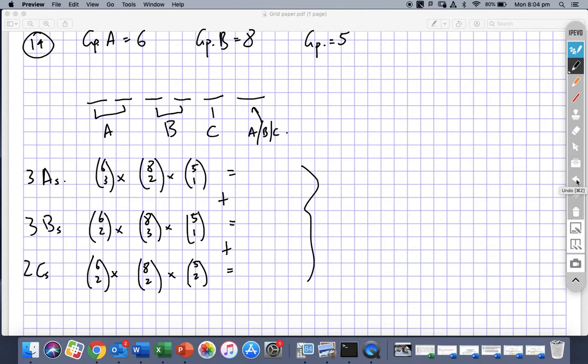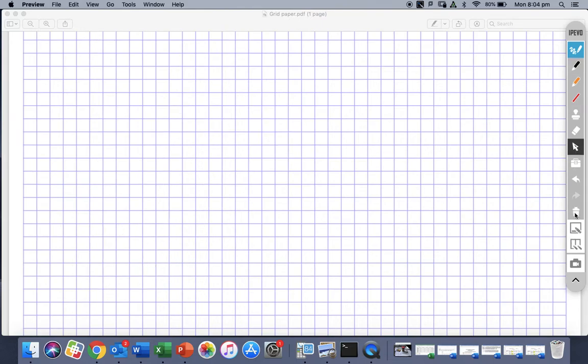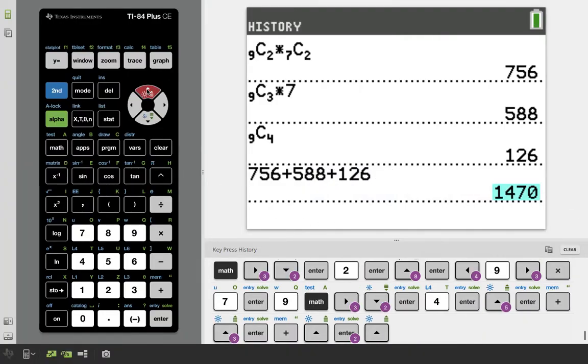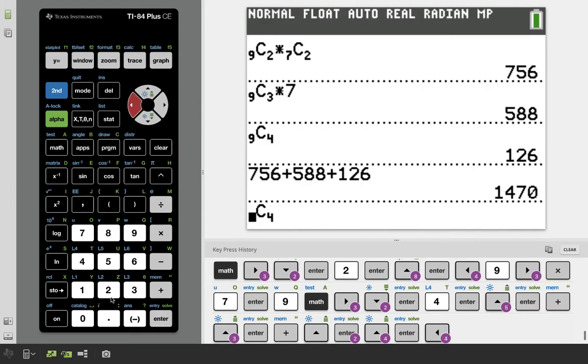So let's see if I can remember all of that and put it into a calculator. We'll get the answer. Let's do it. So 3 A's would have been 6 A subjects, choose 3 of them.